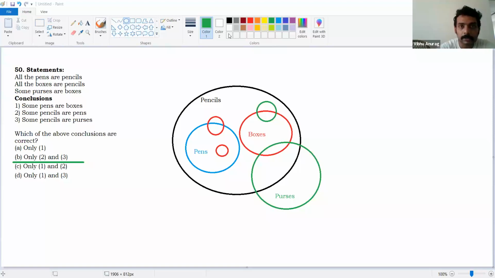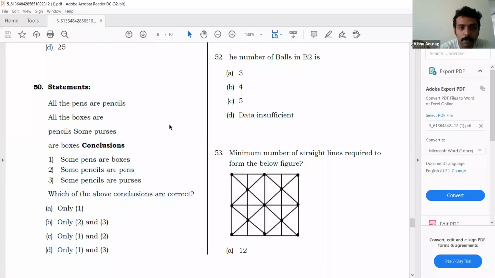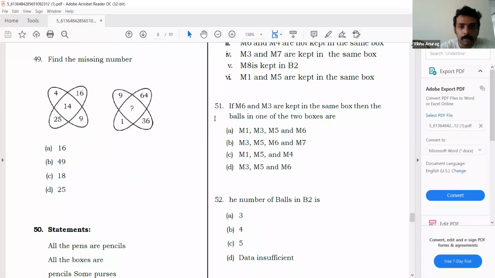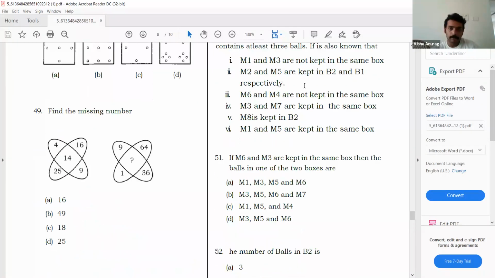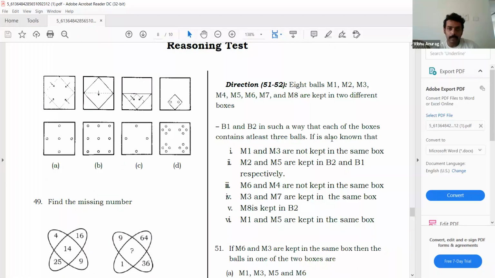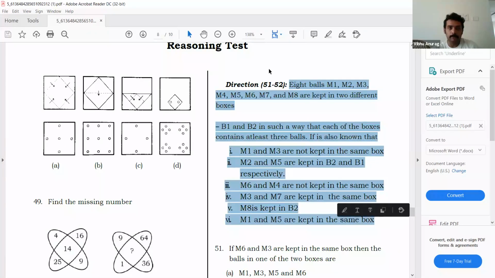Let's go back to the Word document. 51 and 52. Okay, I think we have to go back to the board anyway to solve this.